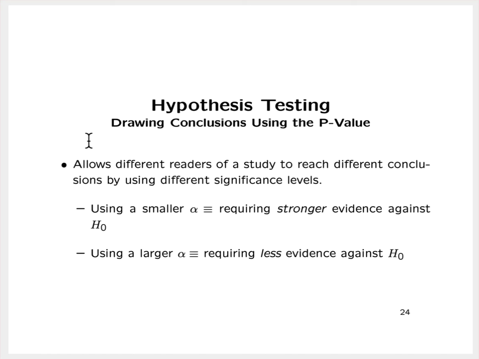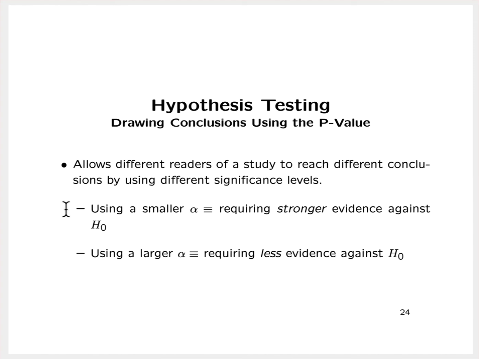The main reason that we use p-values in drawing conclusions about a hypothesis test is that it allows different readers of a study to reach their own conclusions, possibly different conclusions, by using different significance levels. For example, suppose somebody demands a lot of evidence in order to reject the null hypothesis.